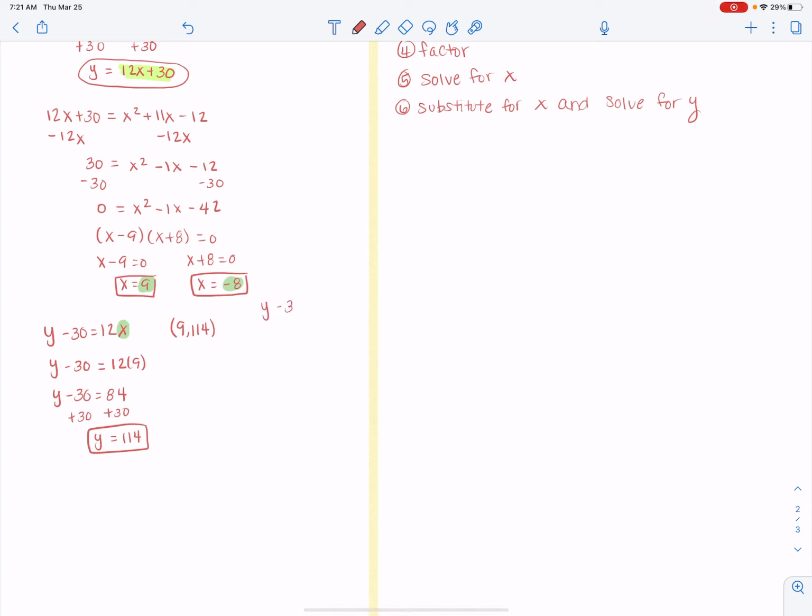So y minus 30 equals 12 times negative 8, which is negative 72. We're going to add 30. So y equals negative 72 plus 30 is negative 42. So we also know that these two equations will intersect. Oh, wait. 9 times 8 is not 42. So this is wrong. My bad, guys.